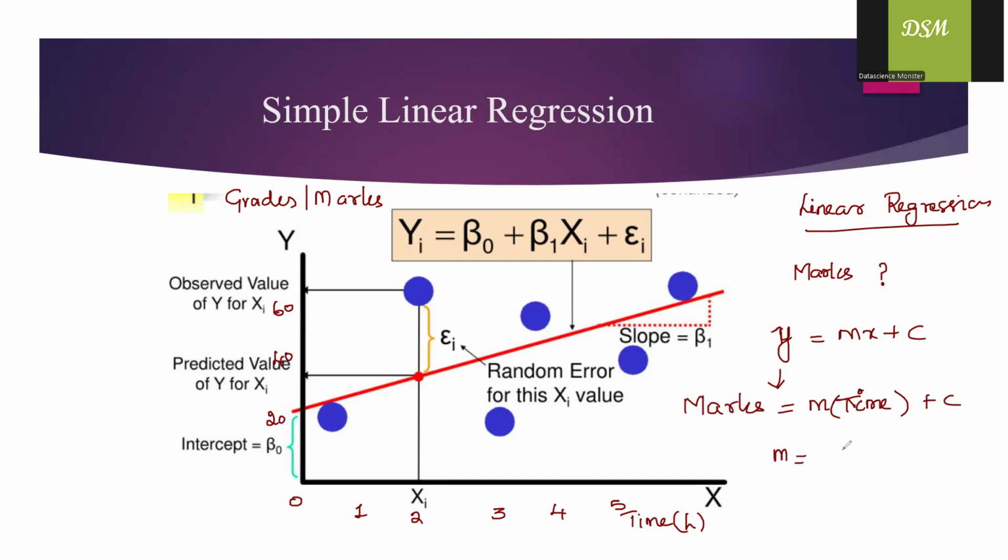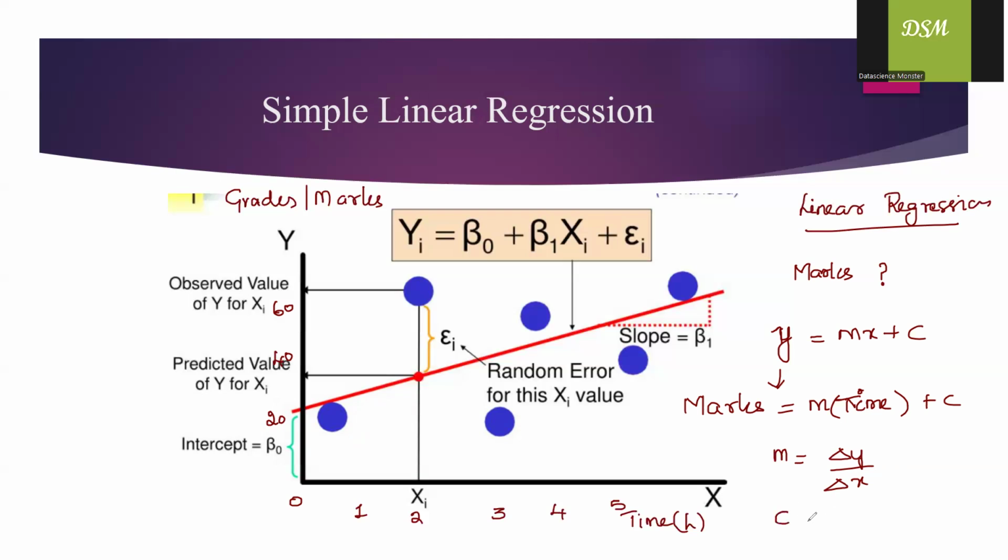Then we write m is equal to del y divided by del x. So what is meant by slope? How much y changes when there is a unit change in x. According to this example, how much your grade is expected to increase for each extra hour of studying.